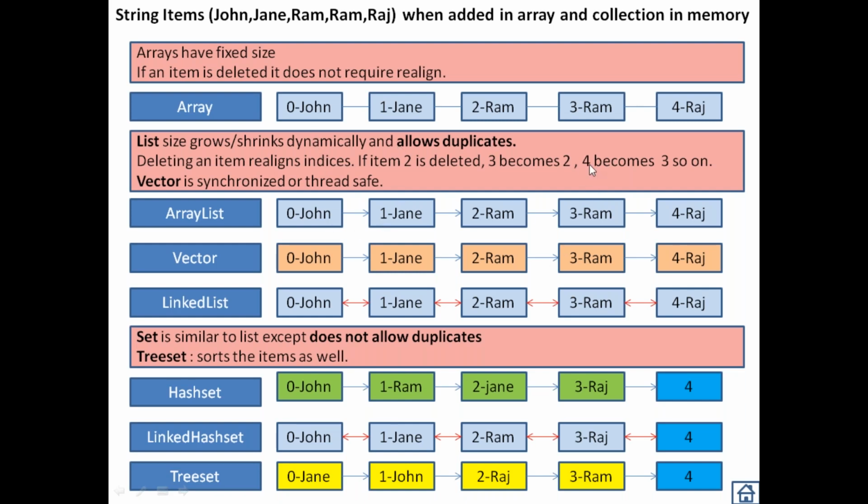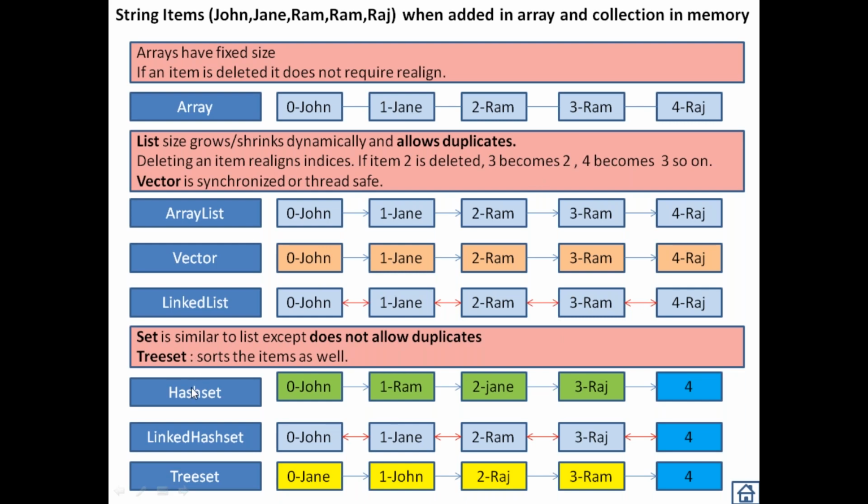So they are both same, with the exception that vector is synchronized. Look at the linked list. They are also in the same order, but how are they placed? In previous and next links, right? So they have previous and next links.